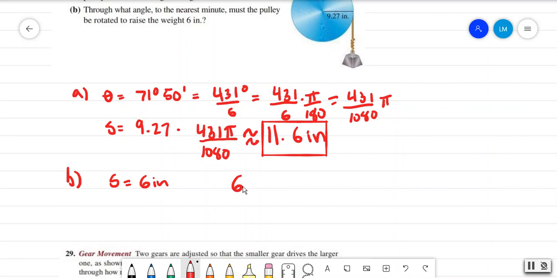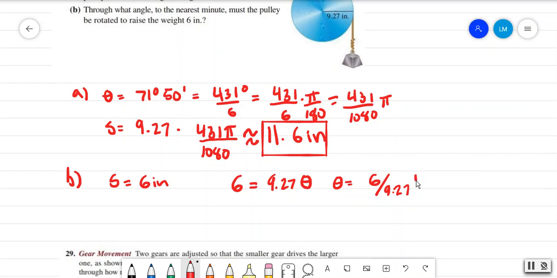So what you'll do is take 6 and set it equal to 9.27, times theta. It says to the nearest minute, by the way. So in this case, theta is going to be 6 divided by 9.27.